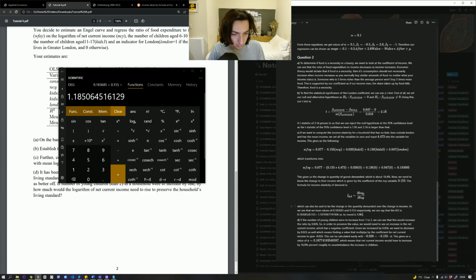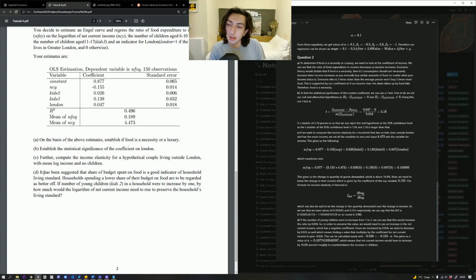So then we need to update our values here, which we can round to 1.185. So that's our income elasticity of demand.